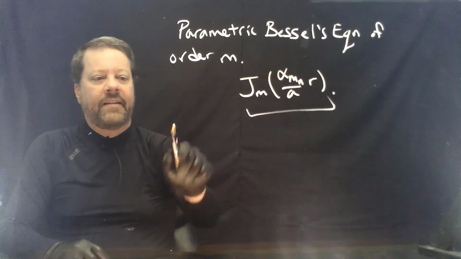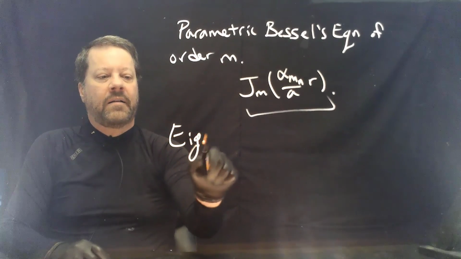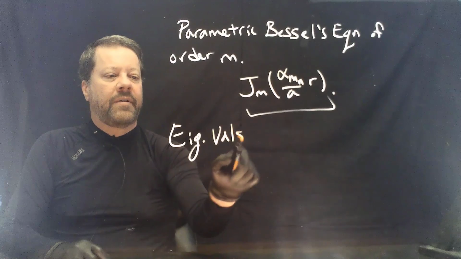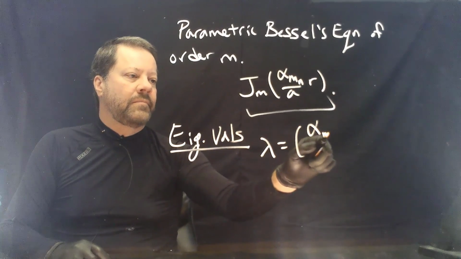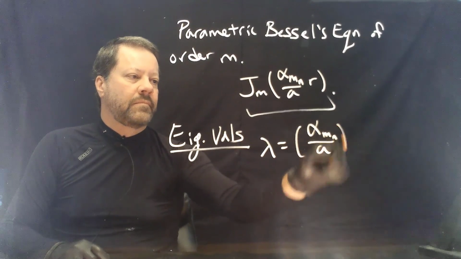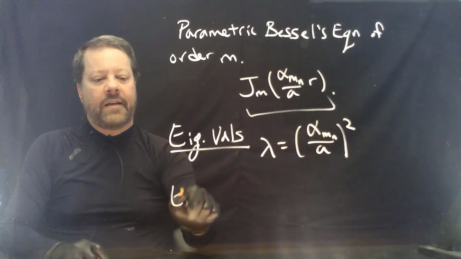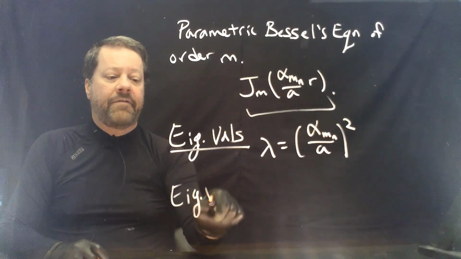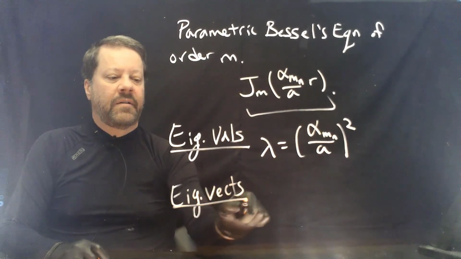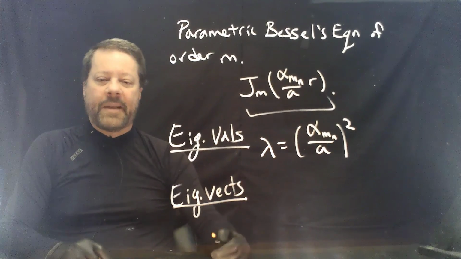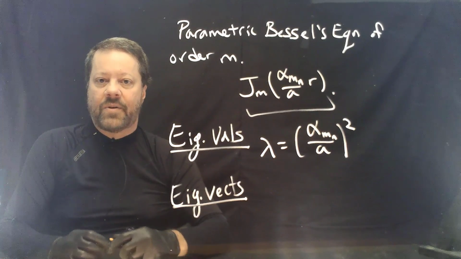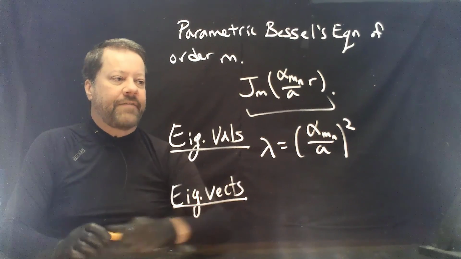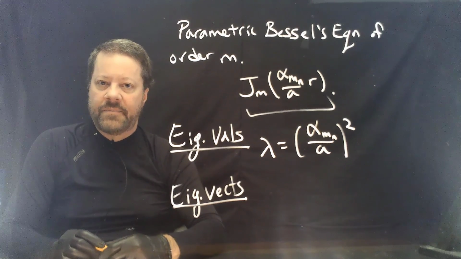We have then eigenvalues and corresponding eigenvectors. We'll get two linearly independent eigenvectors in each of these spaces corresponding to the eigenvalues lambda equals alpha_mn over a squared.